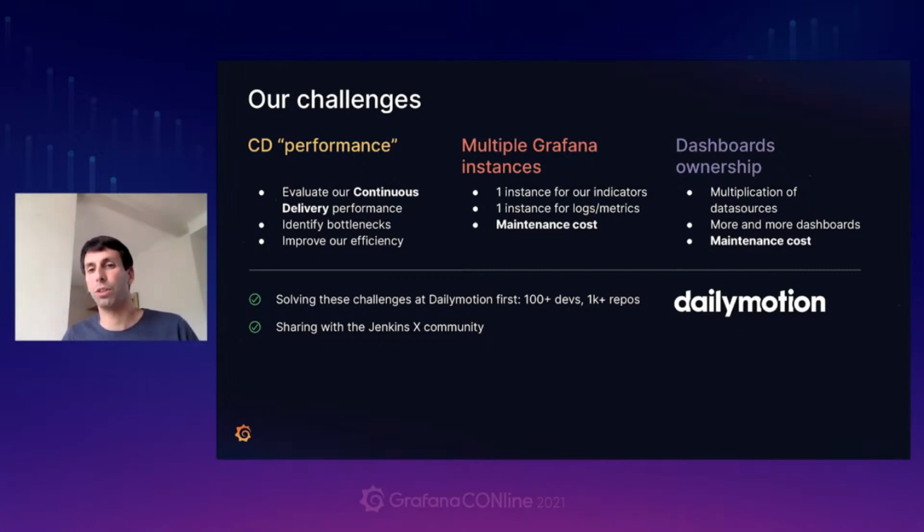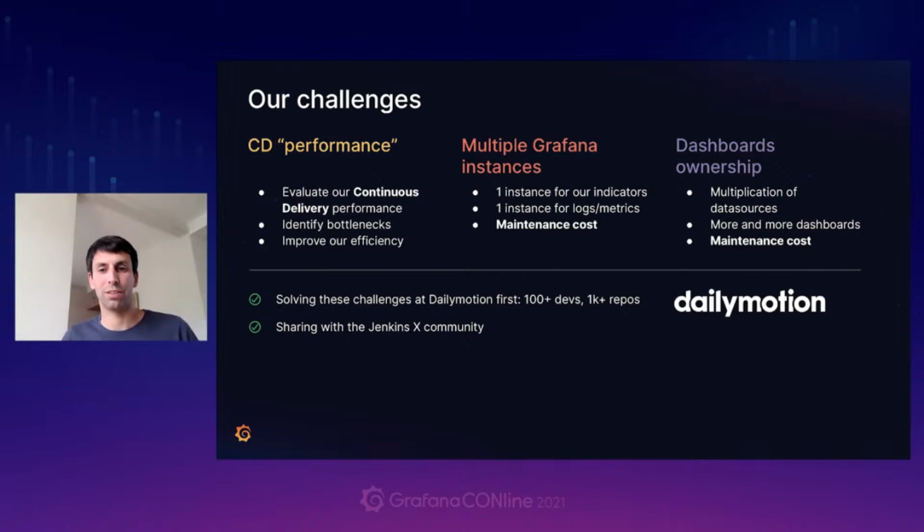And then we had another challenge, like the dashboard ownership issue. With the multiplication of data sources inside your single shared Grafana instance, you're going to get more and more dashboards mixing data sources. And it's going to be difficult to maintain, to know which dashboards are maintained by whom and when, and so on.